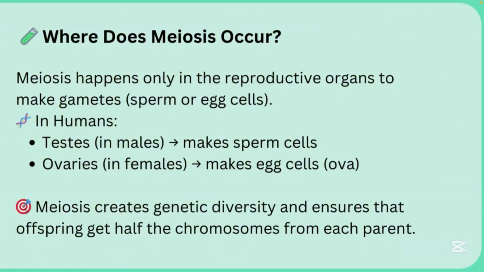Meiosis creates genetic diversity and ensures that offspring get half the chromosomes from each of the parents. Other than that, in the whole body, only mitosis occurs.